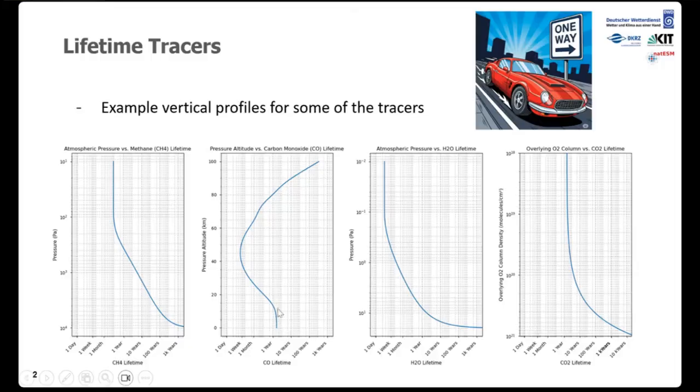So then we have the outcome for CO here and profile, H2O profile, and also CO2. So for example, for CO2 at the bottom, you have a lifetime of more than 10,000 years. And then in the upper stratosphere of a few years.